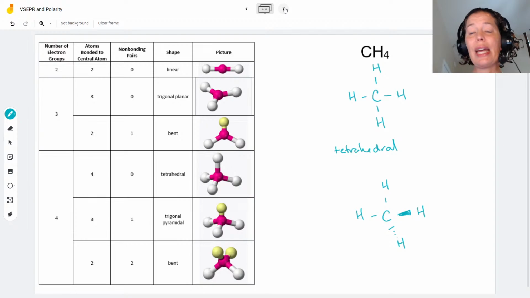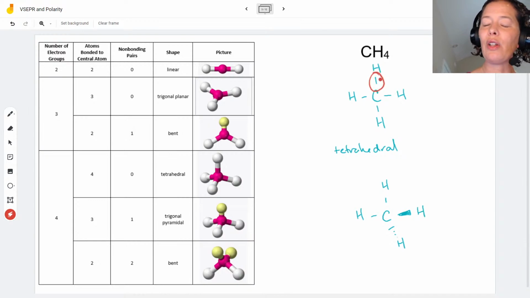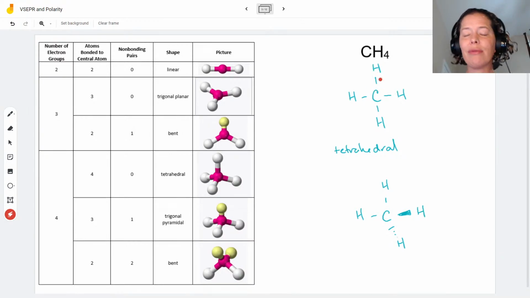Okay, so as I am looking at methane, what I really want to look at first is, do I have polar bonds? Because if I don't have polar bonds, then I am not going to have a polar molecule. To determine if a bond is polar, I need a difference in electronegativity between the two atoms. So let's take a look at this carbon-hydrogen bond. Of course, they're all carbon-hydrogen bonds.